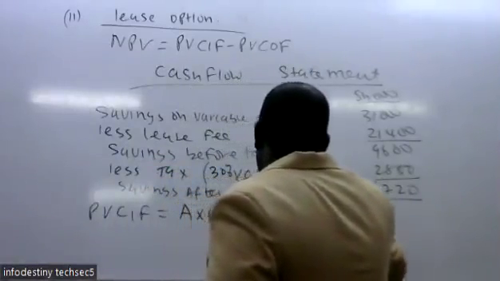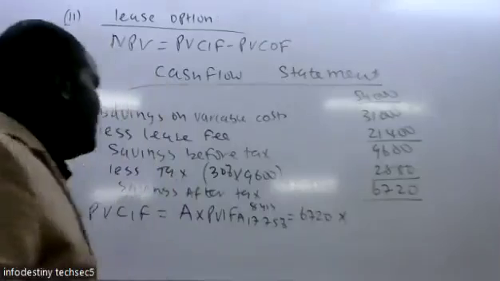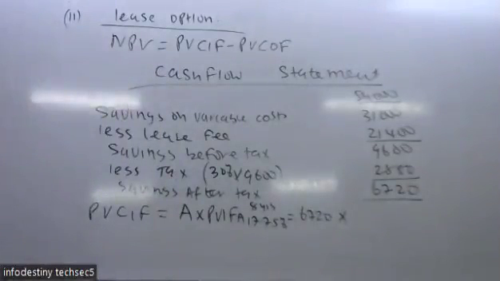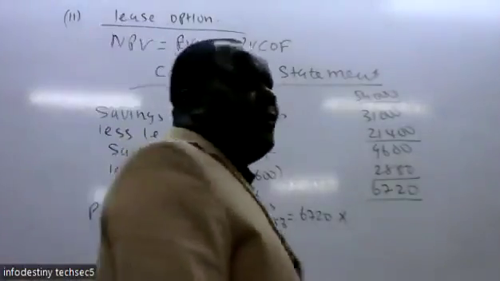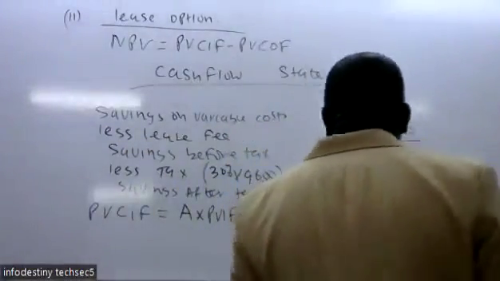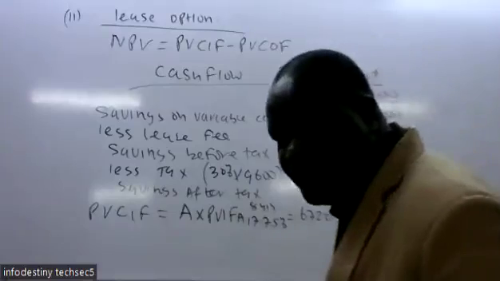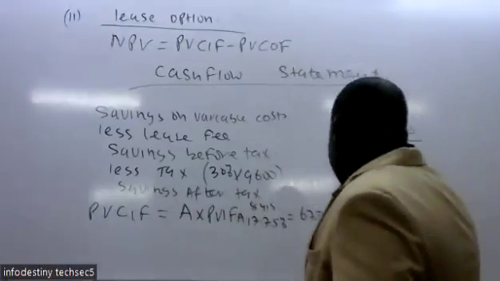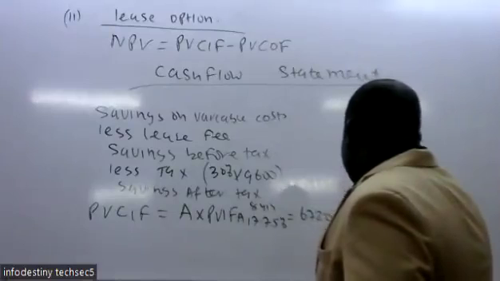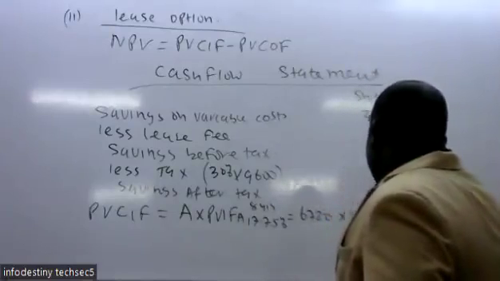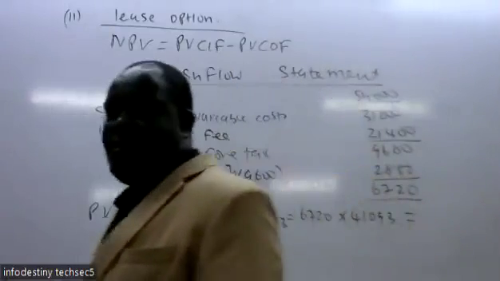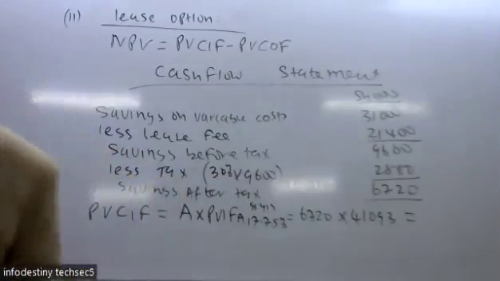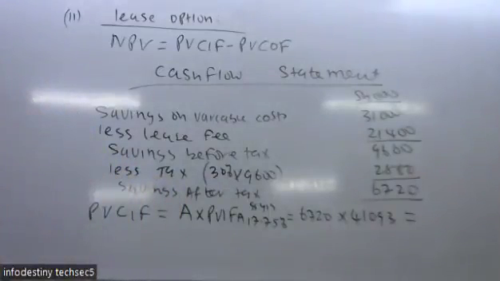We had already calculated 17.75% in year 8. You remember? It was 4.093. That discount factor, we had already calculated.